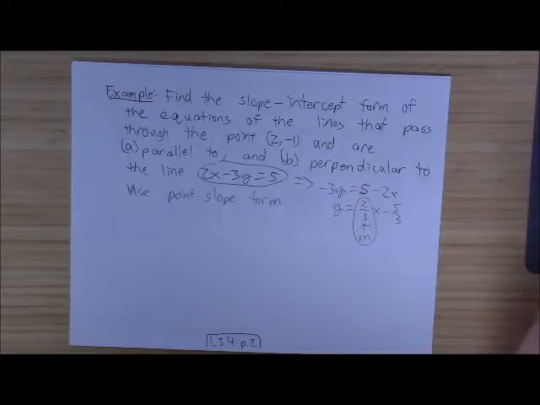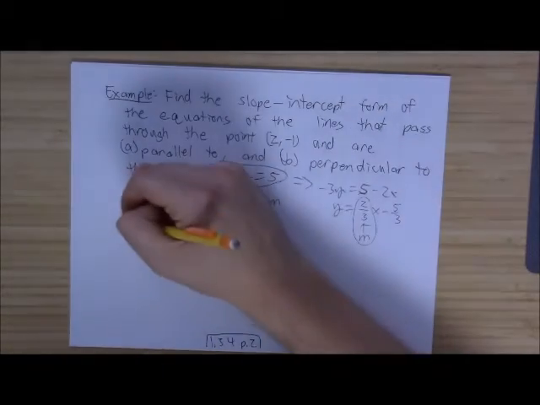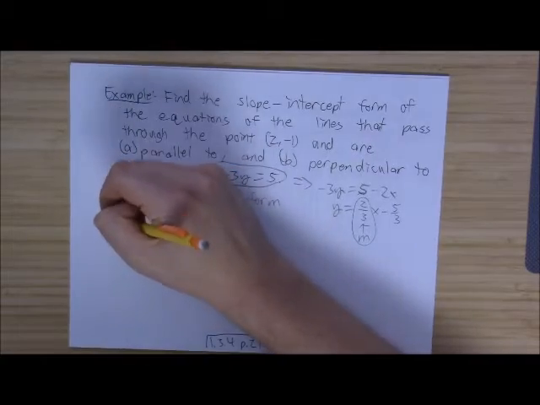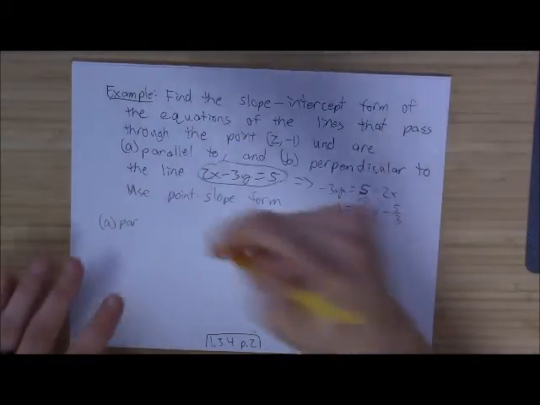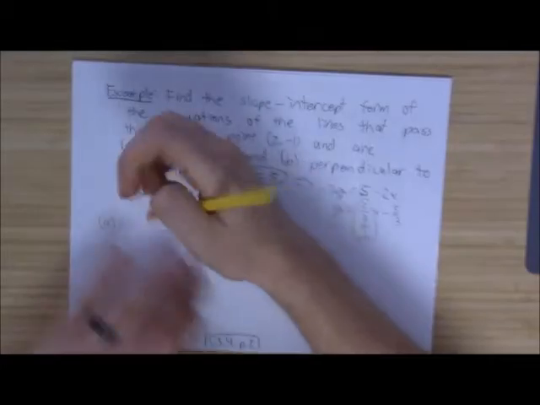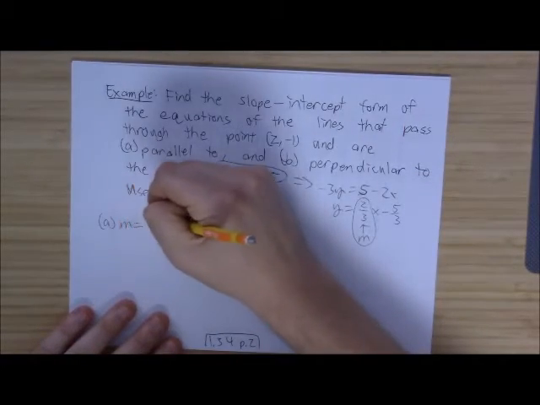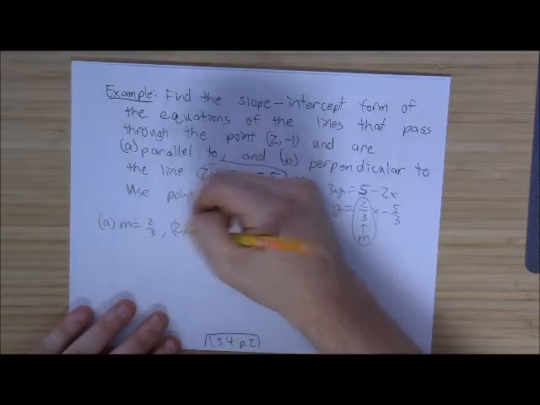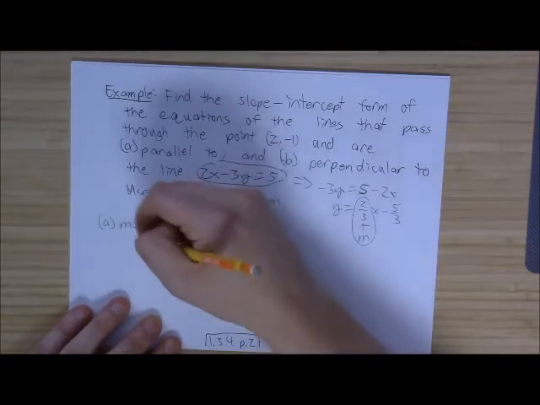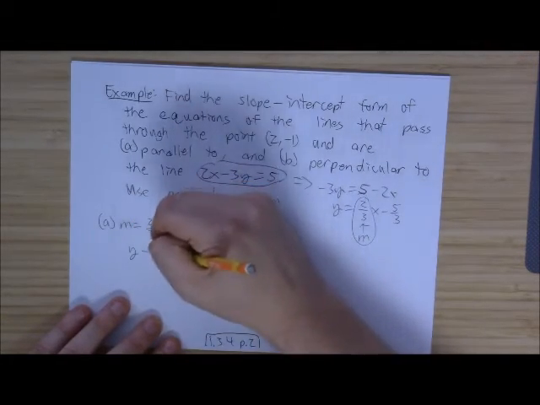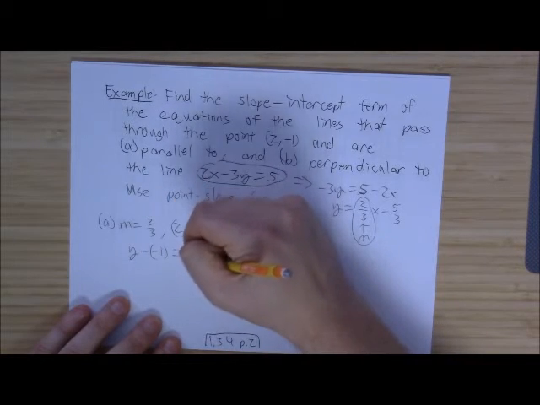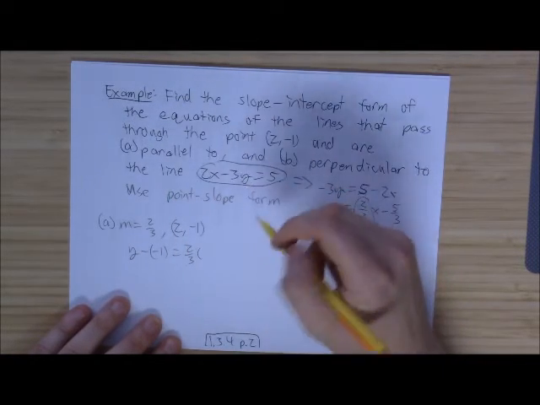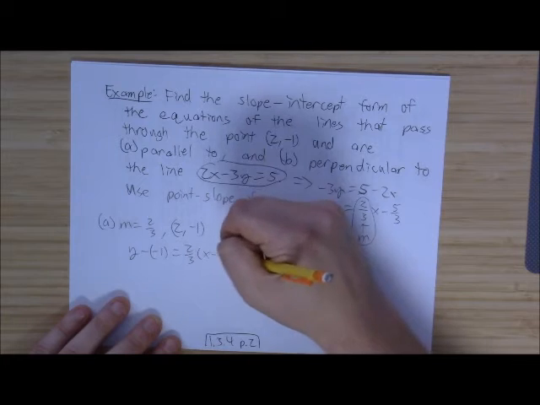Well, so now I have a point, I have a slope, so now I can find both the parallel and the perpendicular line. For A, I have a slope of m equals 2/3 and the point (2, -1). So I can use point-slope form. y minus negative 1 equals 2/3 times (x minus 2).